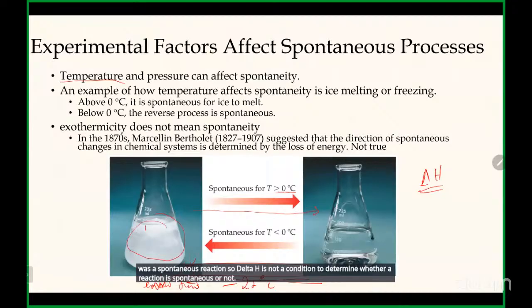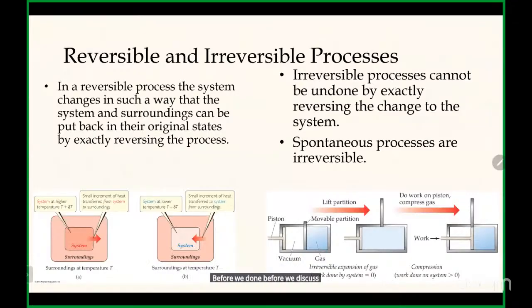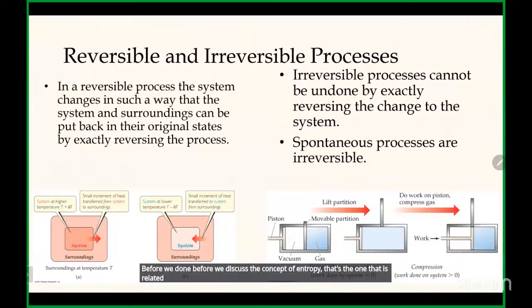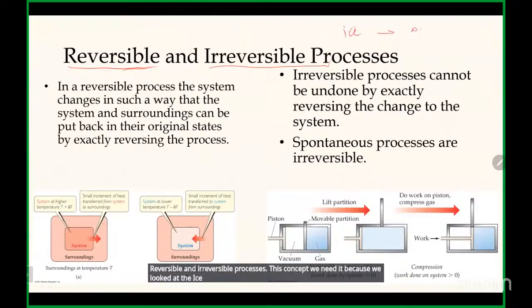Before we close for today, so that we start on Friday, before we discuss the concept of entropy, that's the one that is related to spontaneity, I want to quickly talk about just this last slide. Reversible and irreversible processes. We need this concept because we looked at the ice going to water, and under a different condition, it can go back to ice.